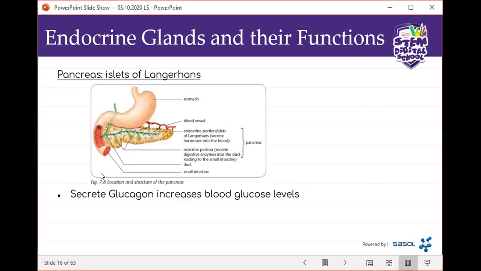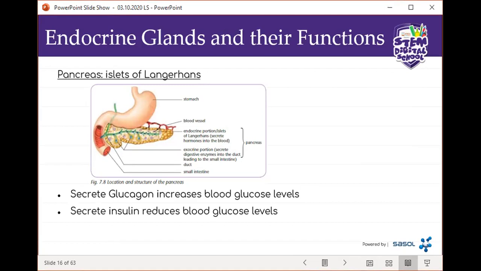And then when the hormone glucagon is secreted, then blood glucose levels need to increase. Therefore, glucagon will act on the liver to break down glycogen into glucose, right, in order to increase blood glucose levels.